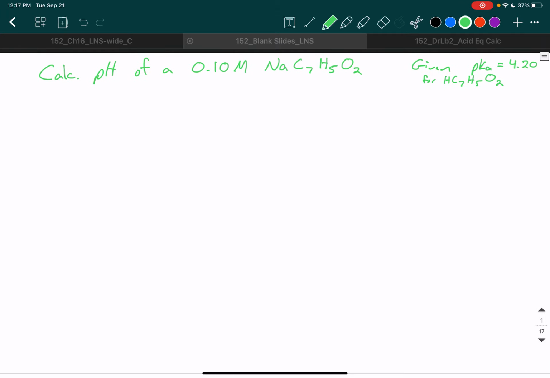As I mentioned earlier, once you get out of this class, any kind of reference to acidity or basicity of a sample is always in reference to a pKa, okay? And this is kind of how the information will be given to you. You've got the concentration of some salt. We want to calculate the pH of that thing, okay? That's going to require an ICE table.